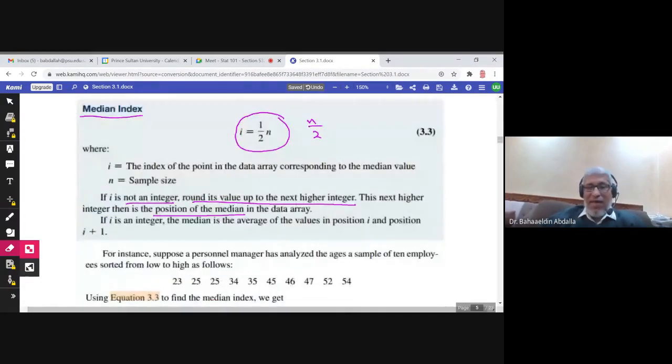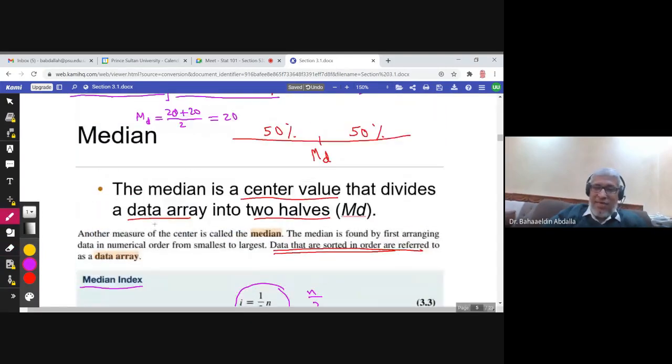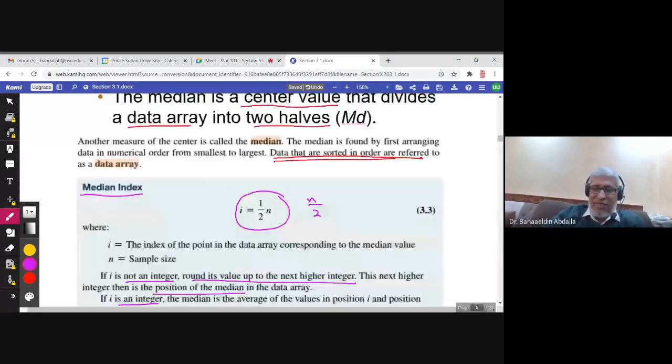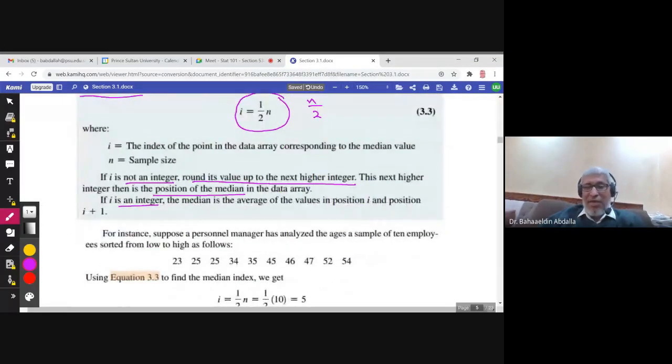While if the median index is an integer, like our case, like here 5, then the median would be the average of the values in position I and position I plus 1.